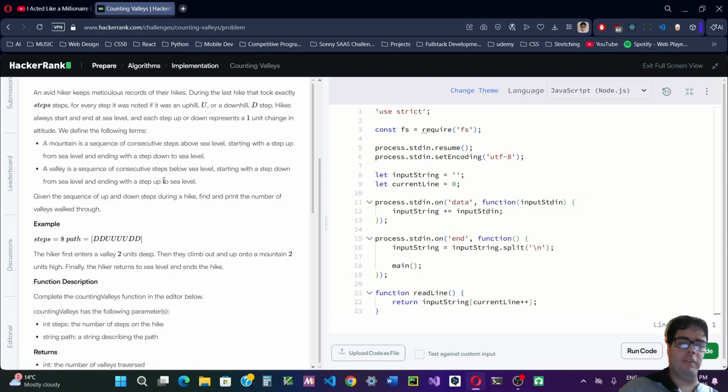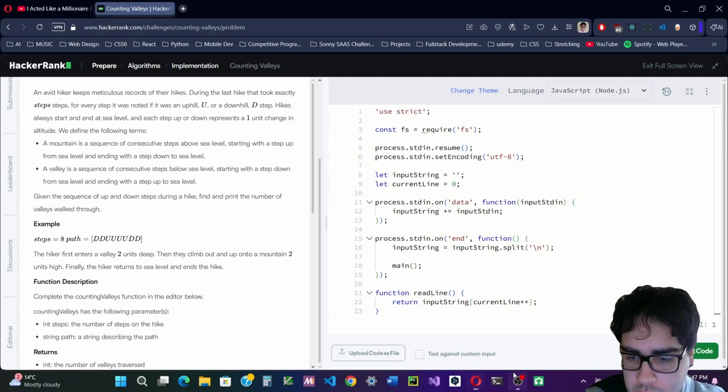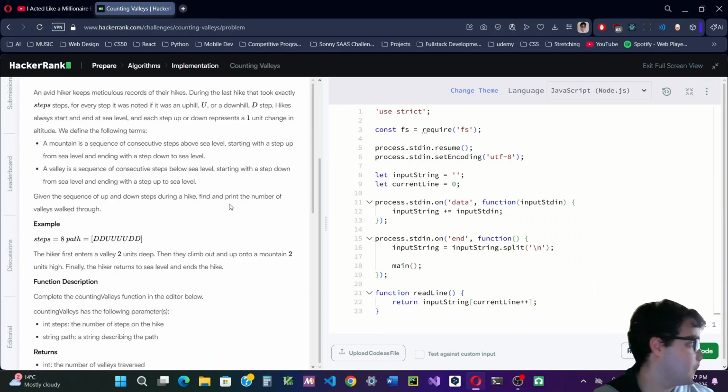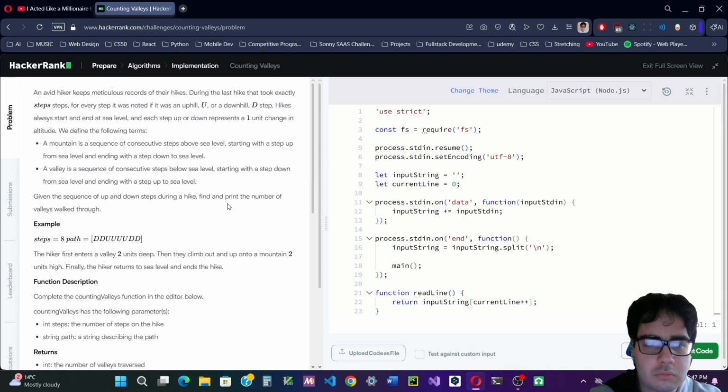What the heck is this, bro? An avid hiker keeps meticulous records of their hikes. During the last hike that took exactly n steps, for every step it was noted if it was an uphill or downhill.